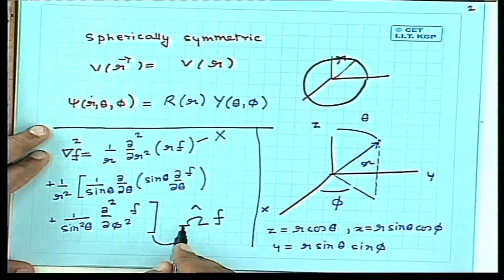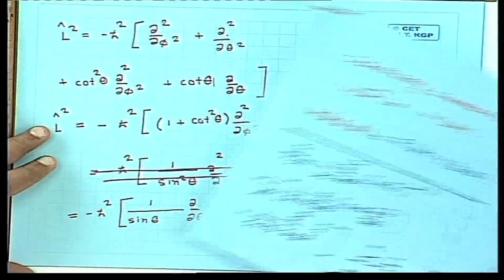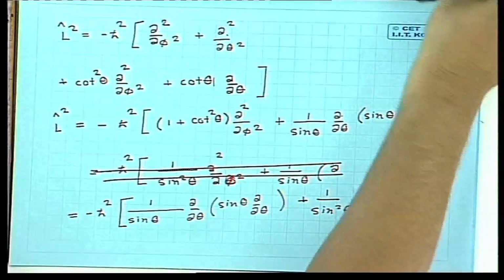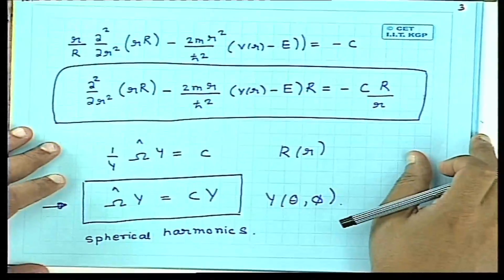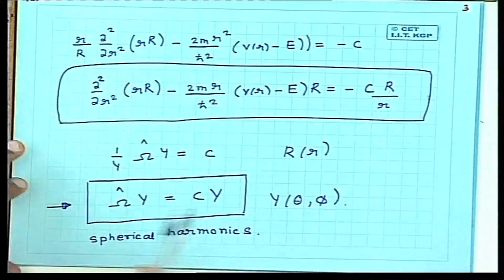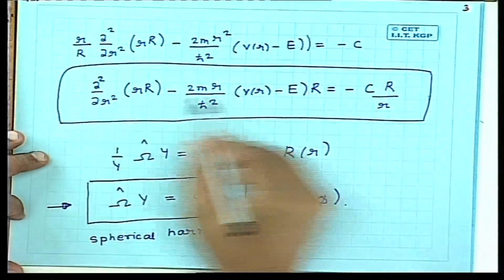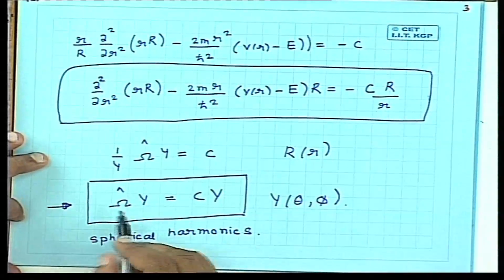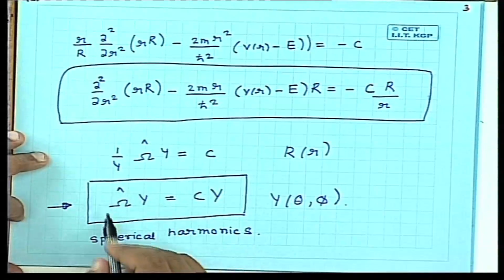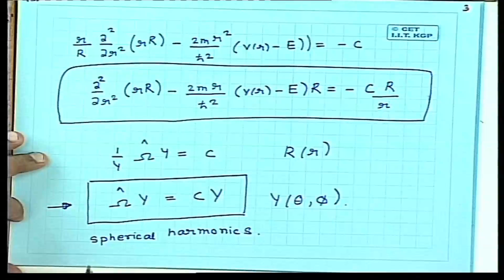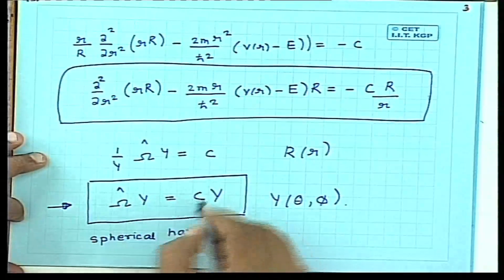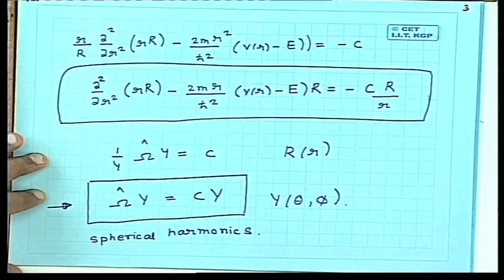Using this operator omega, we had then been able to separate the Schrodinger equation into two separate equations, one for the radial part and one for the angular part. We found that the angular part has to satisfy this equation: omega acting on some function y of theta and phi is equal to some constant into y.